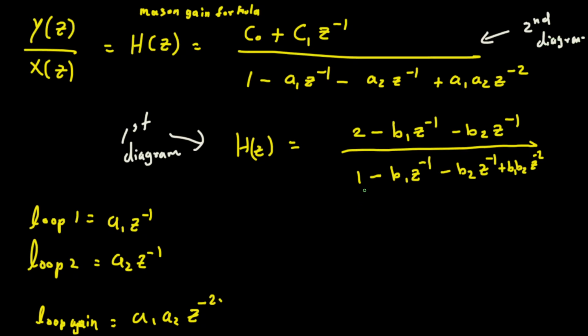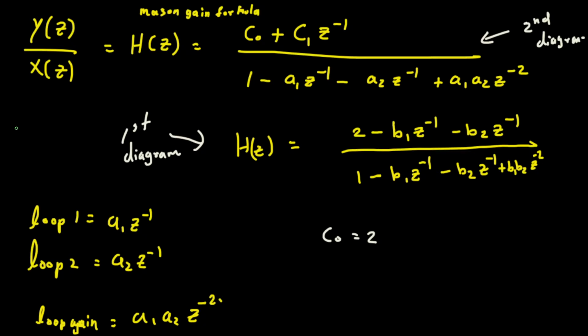Now if we compare this one, as you can see, the term without any z transform is c0, and that one here is 2. So in that way we know that c0 is equal to 2. And if you look at c1, it has a z transform of z power minus 1, but here we have two terms with z power minus 1. What we can do is take these two common. So we have minus b1 z power minus 1 minus b2 z power minus 1.